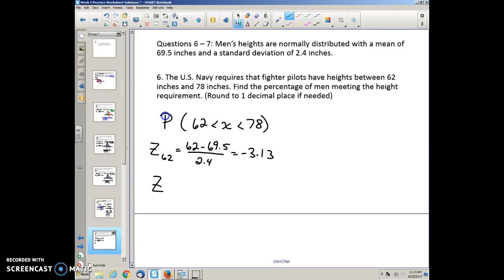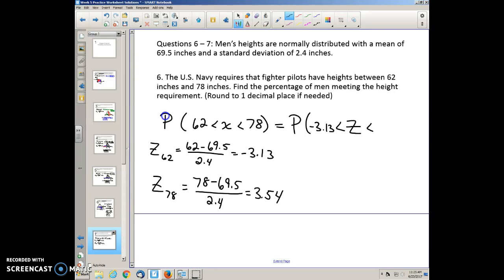We then convert the upper limit of 78 to a z. We get 3.54. So this is the same as saying, find the probability that z is between negative 3.13 and positive 3.54. So it's going to be a big number.